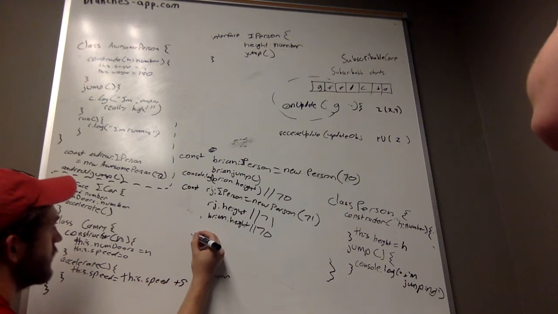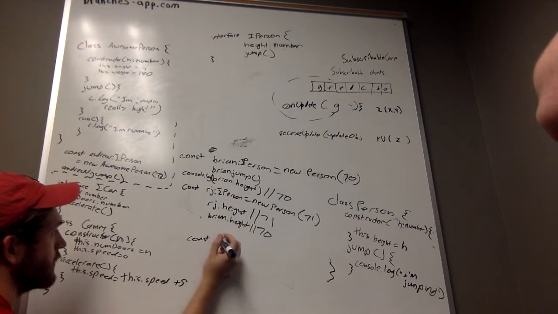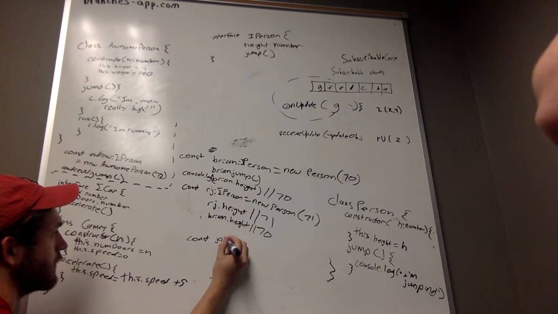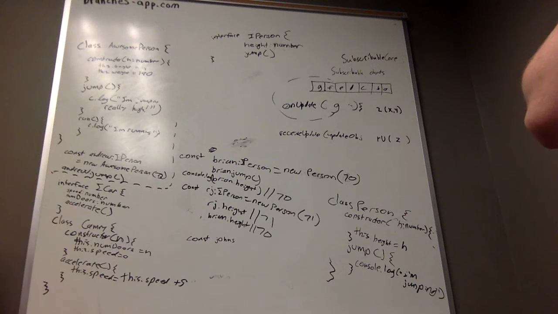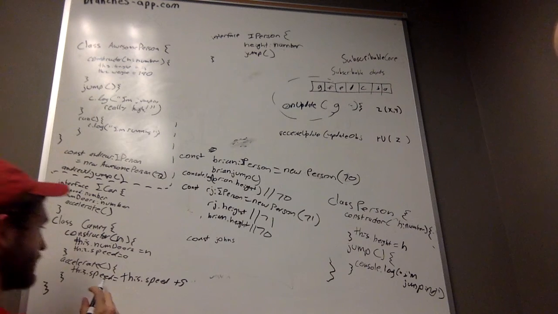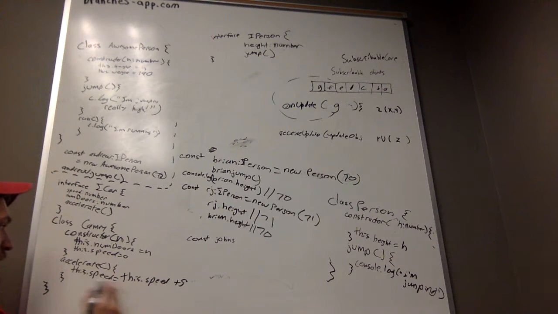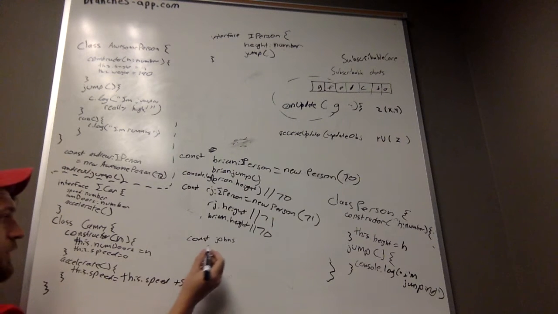This is a new concept. But won't that just keep feeding itself and go? No, it only gets run once. So if speed was 0, this.speed gets set equal to 5. It understands how to read it.